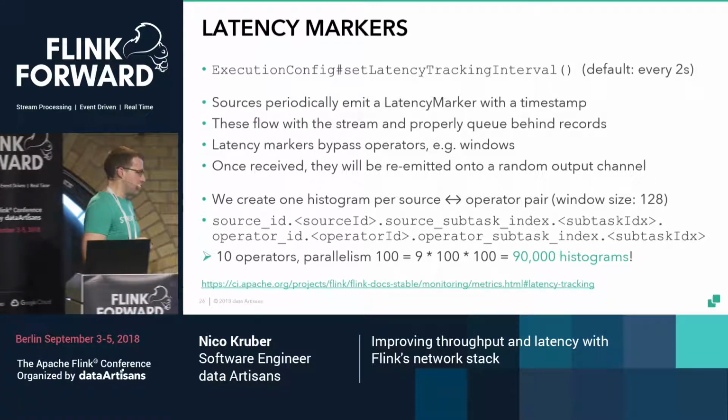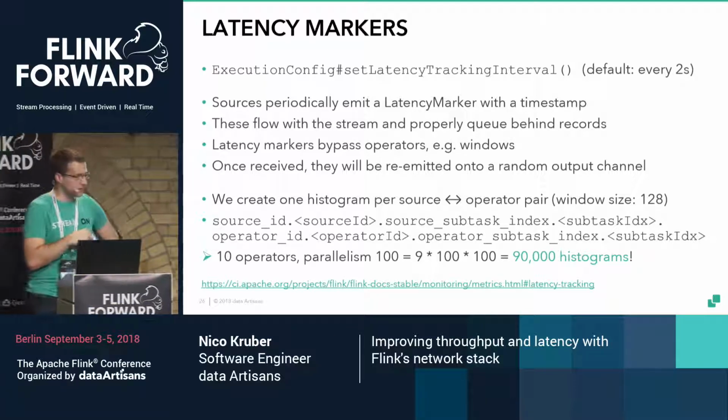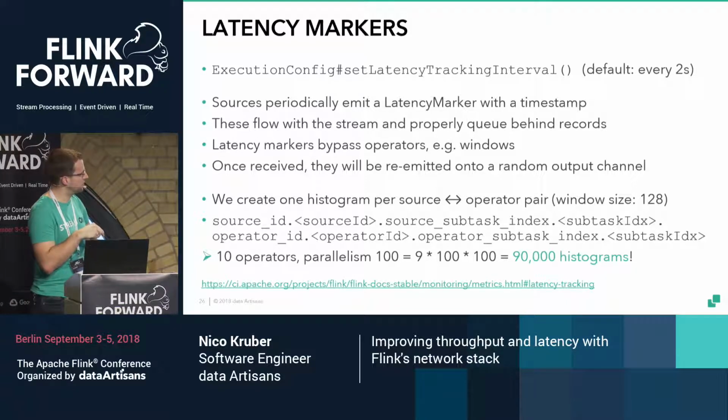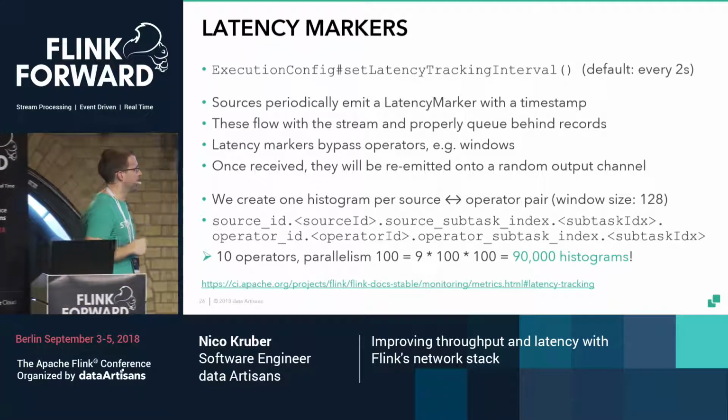So you can do the math on how many latency metrics there are. If you have 10 operators, one of them being the source, and a parallelism of 100, you have 9 non-sources times 100, that's the total number of subtasks, times 100 sources, because that's combining every source and every operator. So you have 90,000 histograms.